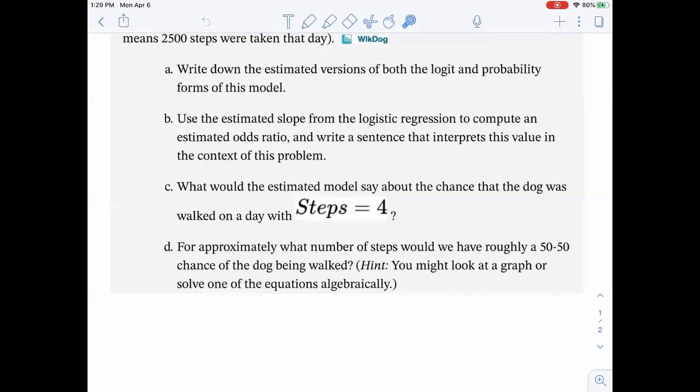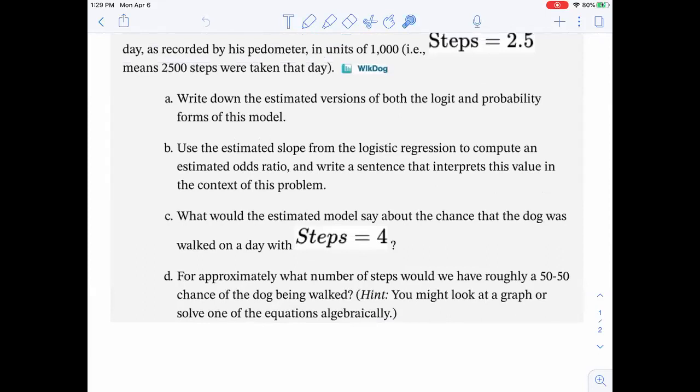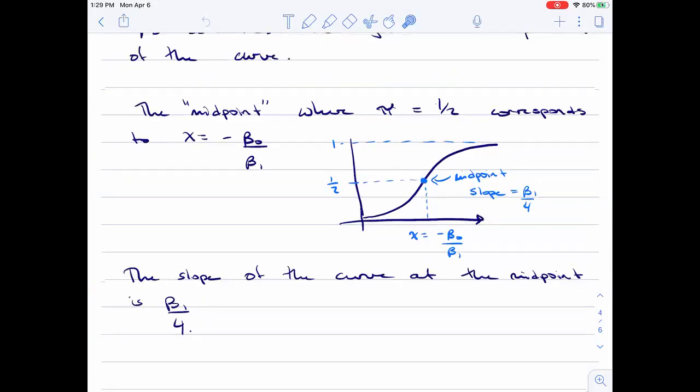I think it might be easier to solve it just algebraically. Yeah, but the midpoint, isn't it, if you have an S-shaped curve, your slope is 0, right? No, the slope is beta 1/4 at the midpoint. At the midpoint, you're at x, so then you're at a probability of 0.5.